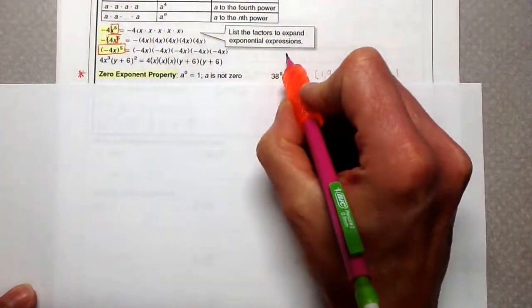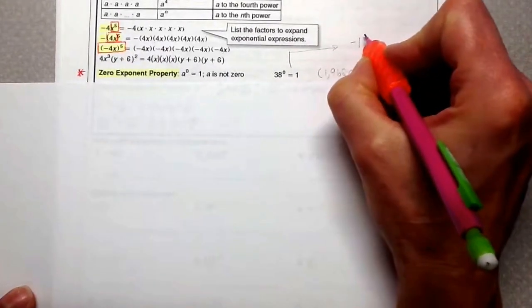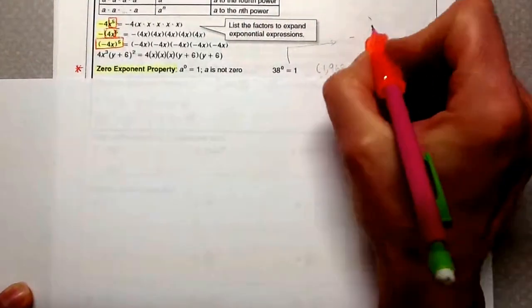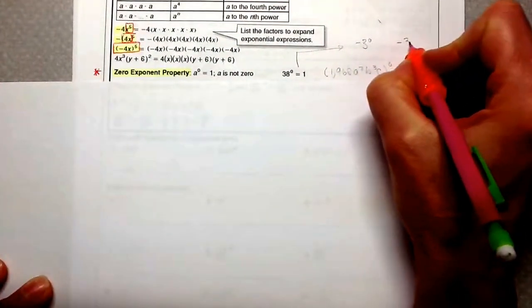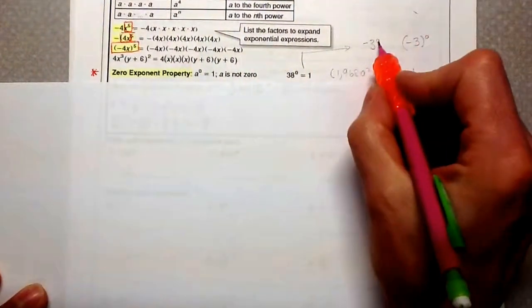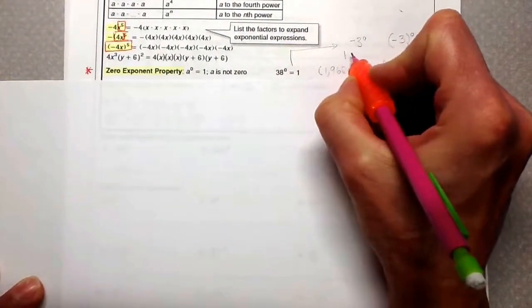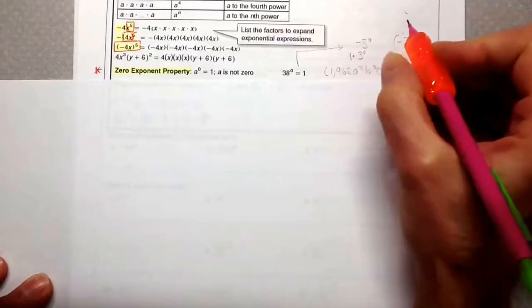Now I'd like you to write a couple of things up here as well. There is a difference between negative 3 to the 0 power and negative 3 to the 0 power, depending on parentheses. Here, it's only the 3 that's being raised to the 0 power because this is actually like saying there's a negative 1 here. So negative 1 times 3 to the 0 power.